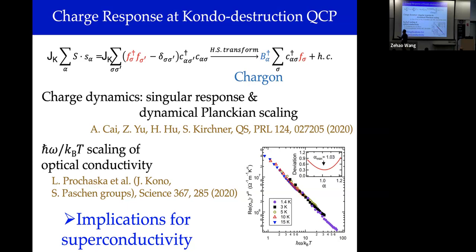But here, all the evidence points to the description that all the quasi-particles are lost on the Fermi surface in a quantum critical regime.